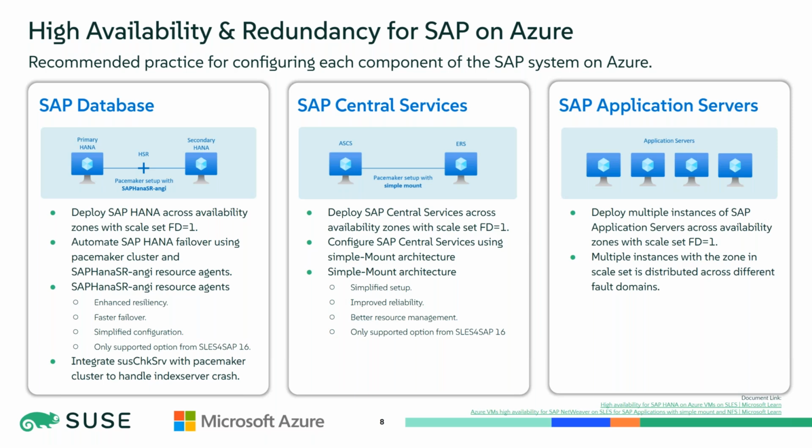Earlier, what used to happen is that as the restart was very quick, pacemaker was unable to detect that restart, and instead of doing a failover, all the data loaded in memory had to be reloaded again because the index server had restarted.